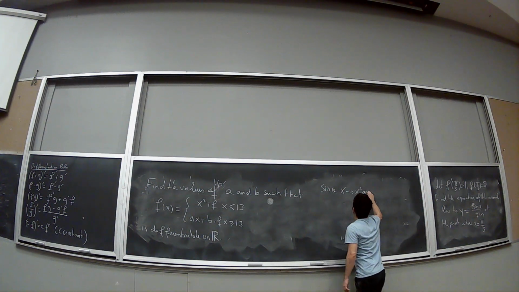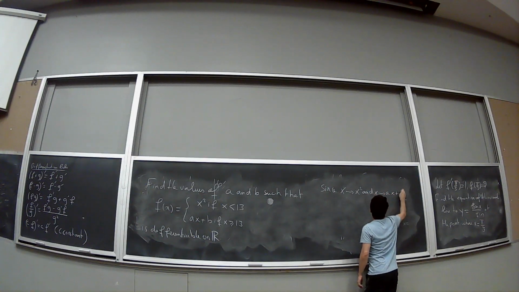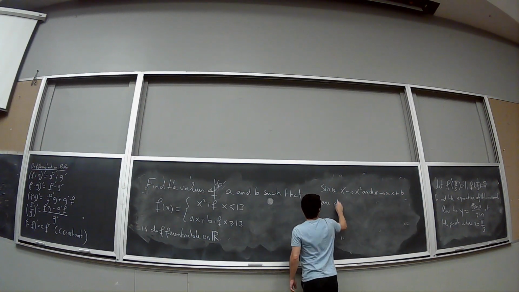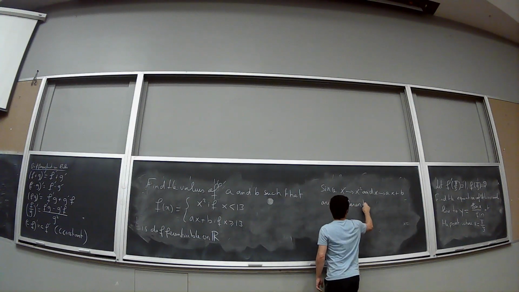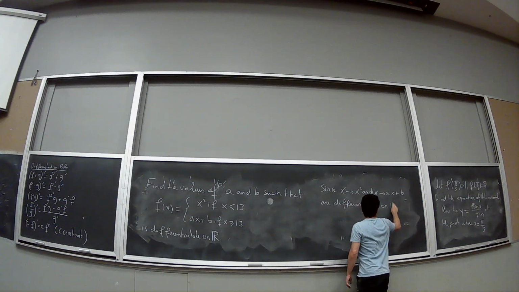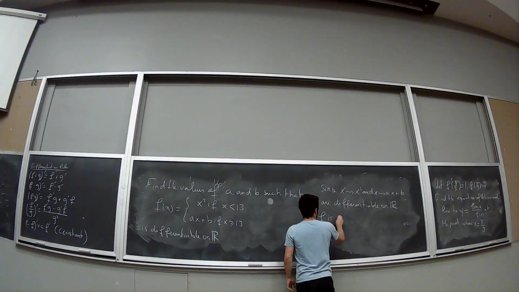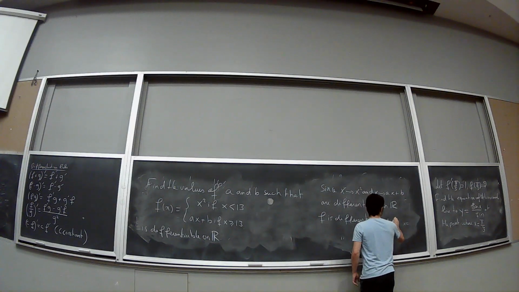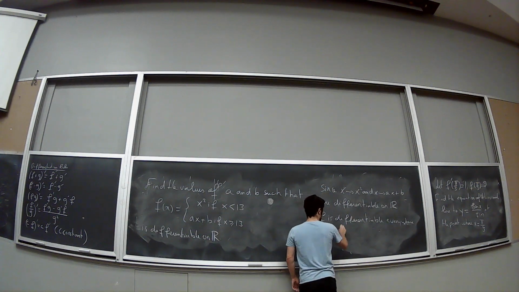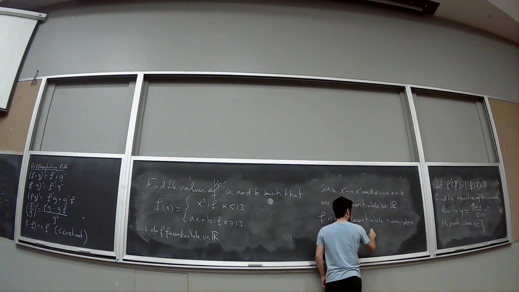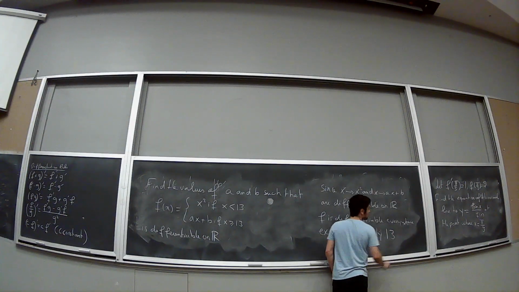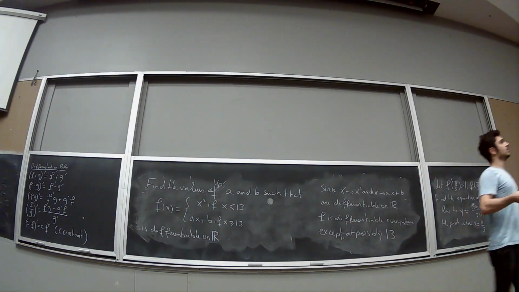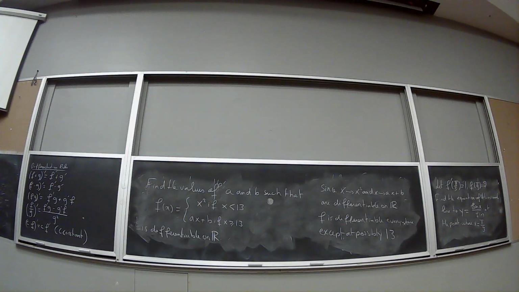So since x squared and ax plus b are differentiable on R, f is differentiable everywhere except possibly at 13. You remember we did this type of exercise to assess whether or not a function is continuous, right?